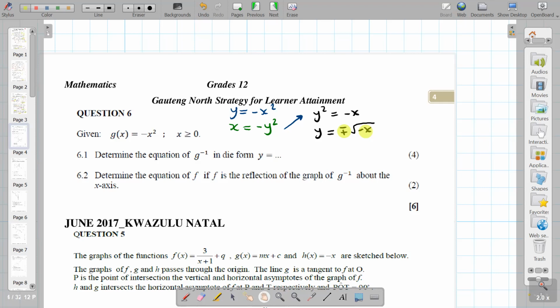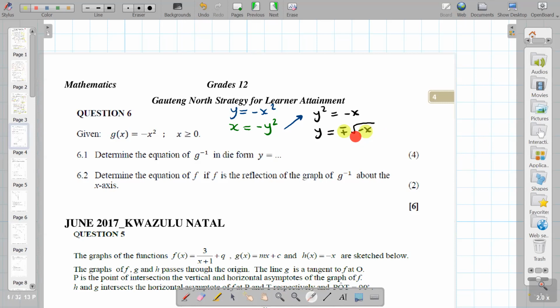Because inside a square root, inside even-powered roots, we must have positive numbers for a real number to get a real answer. If there's a negative number inside an even root, then that will not be real. That's a complex number anyway.